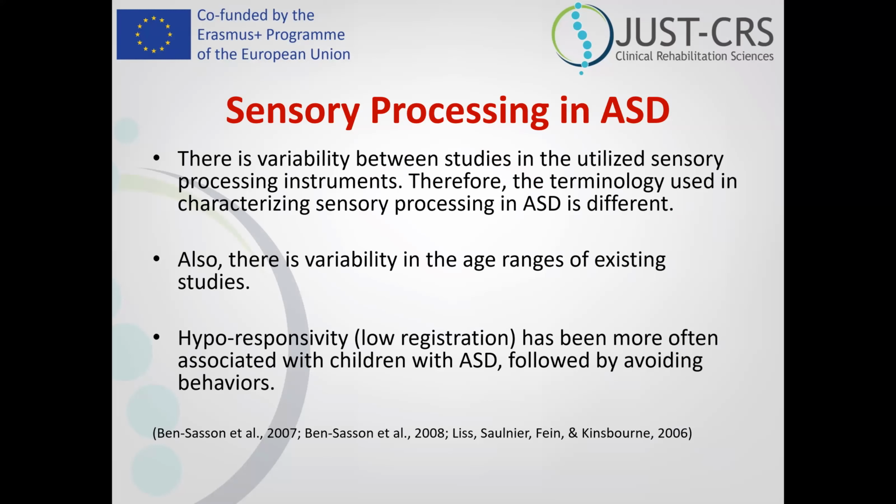So there are not enough studies in, for example, one age range that show children, for example preschoolers, have hyporesponsivity or hyperresponsivity. So there are some limitations in the literature, but we know that children with ASD have different sensory processing patterns than children with typical development.